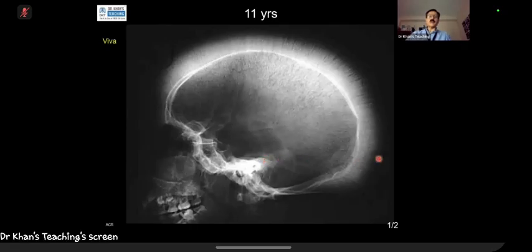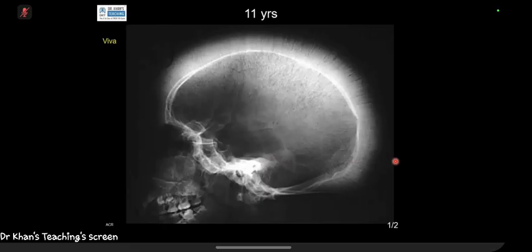Describe the findings. I'm presenting a skull radiograph, lateral view. I can see expansion of the outer table of the skull, giving a sun ray appearance.